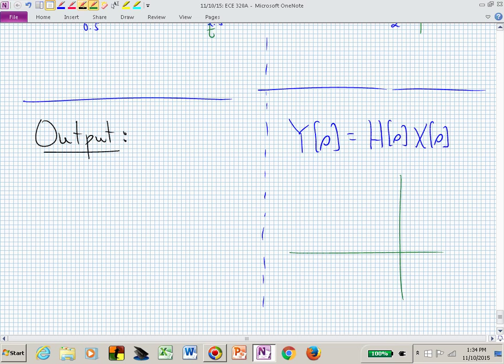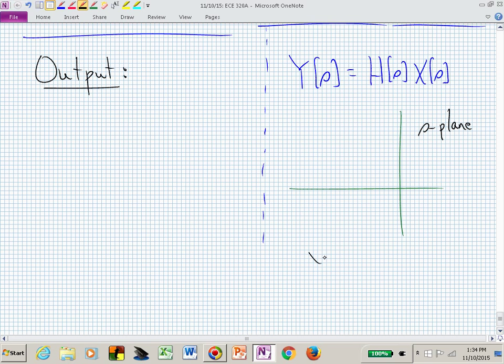Here's the S-plane. Y of S. What was H? Thanks to Josie, it's 10 over S plus 10. What's X? We just said that that was a decaying exponential with an exponential of minus 2.